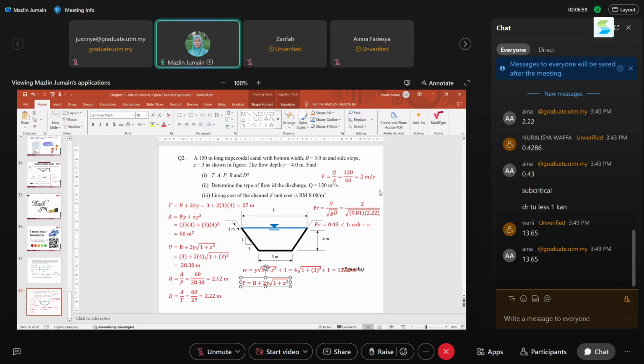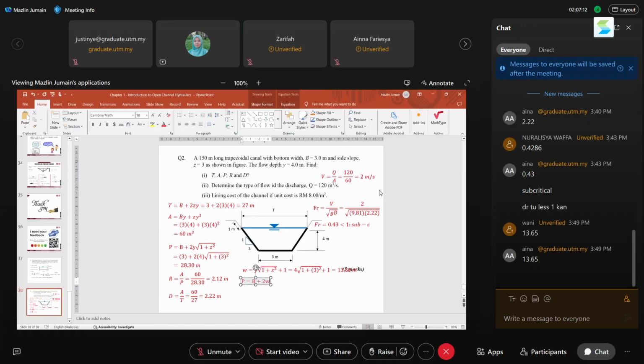So as you can see here, Y times square root 1 plus Z square also equal to W. So this one we just replace with W. Okay. Then B we have 3 plus with 2 times W, 13.65. Okay. Then here you will get 30.30 meter. Okay.